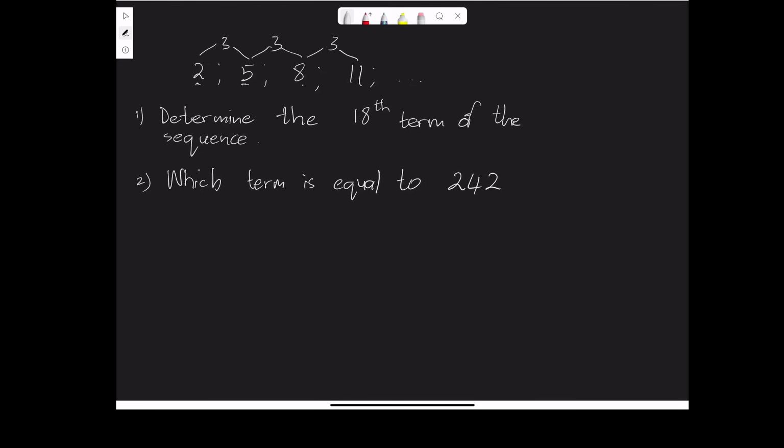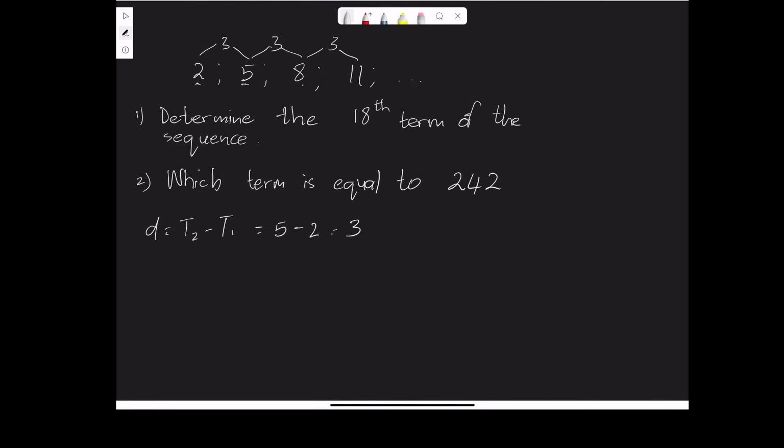So let's say D is equal to T2 minus T1. We haven't started answering the question. We're just determining whether it's an arithmetic sequence, and if it is, then we're going to apply our formula. So this is T2 minus T1, that's 5 minus 2, and that gave us 3.